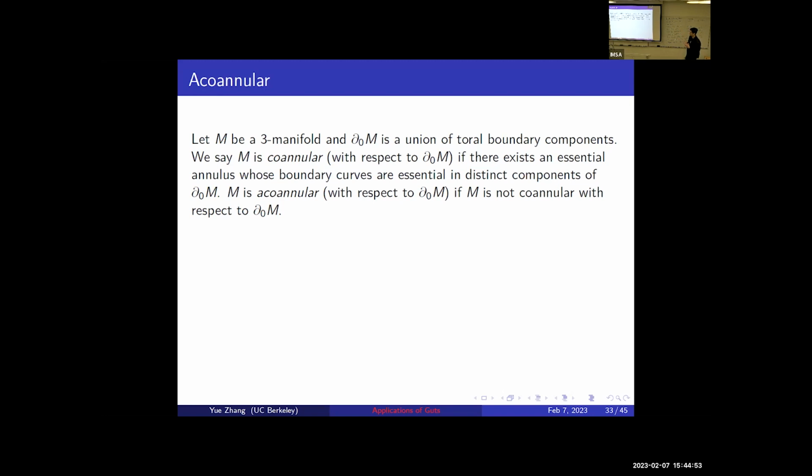And we say M is coannular if there exists an essential annulus whose two boundary curves are essential in distinct components of partial_0 M. If it doesn't satisfy the condition, then it's acoannular. In the following talk, we require the manifold to be acoannular.